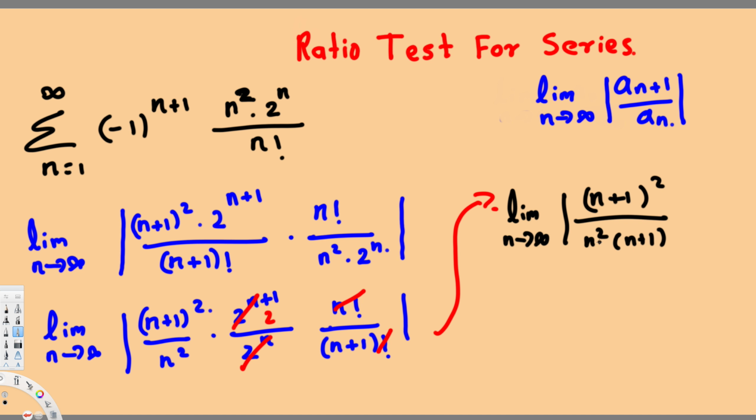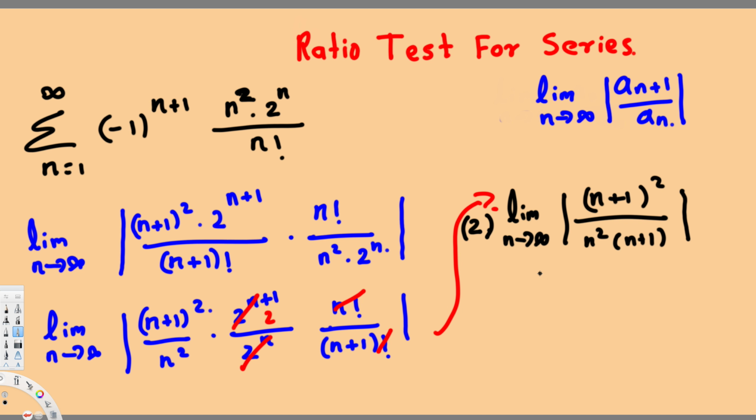This is the only thing that is left. If you see, in the numerator we have n squared, and in the denominator, if we multiply, this is going to be n cubed. And also we have a 2 to the power 1, we can bring that 2 to the front. So this is going to be 2 multiplied by these values, right? So let's put the 2 in brackets maybe.